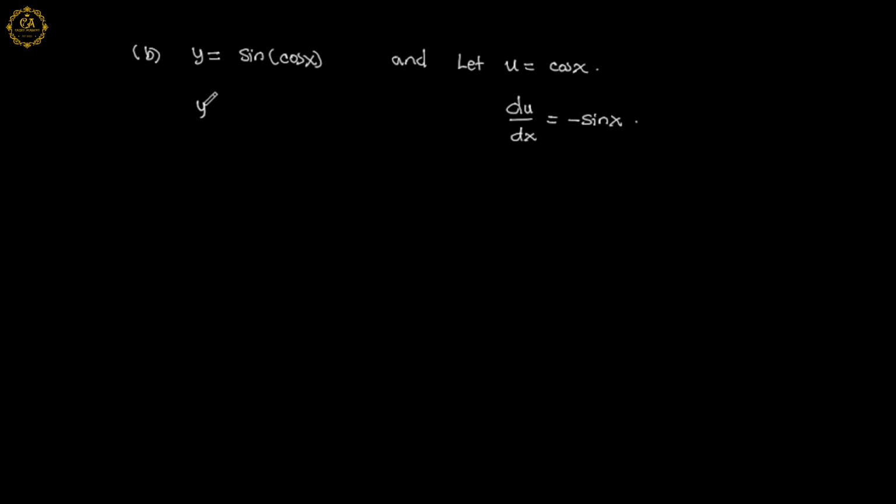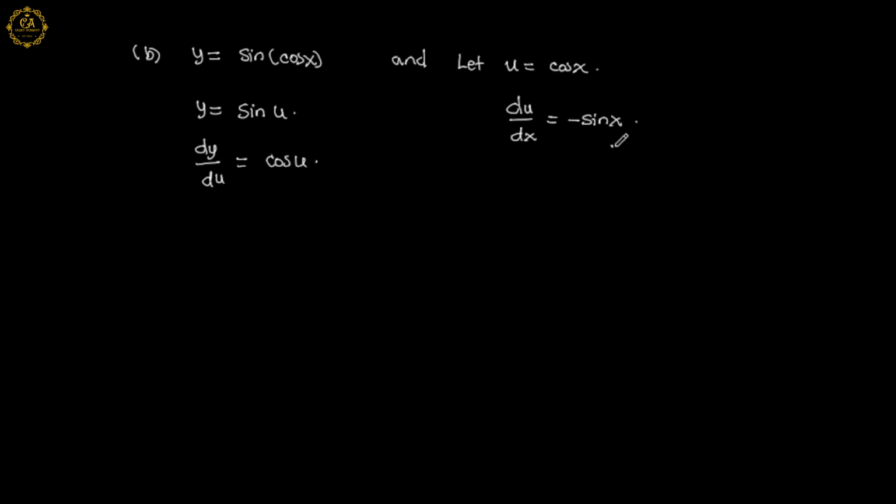So this time let's replace cos x by our new variable u, and we have here sine u, and then we differentiate y with respect to u. So we have dy by du equals to the derivative of sine u is cos u.